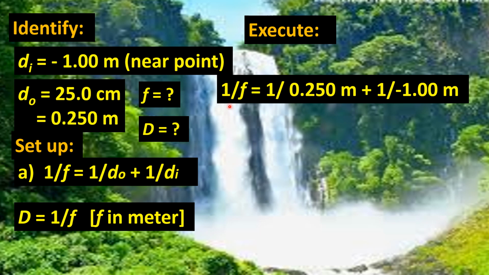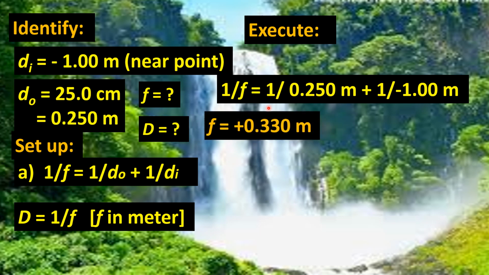So when we simplify this equation, we will get the value for the focal length equal to positive 0.330 with three significant figures. All right, that's in meters.